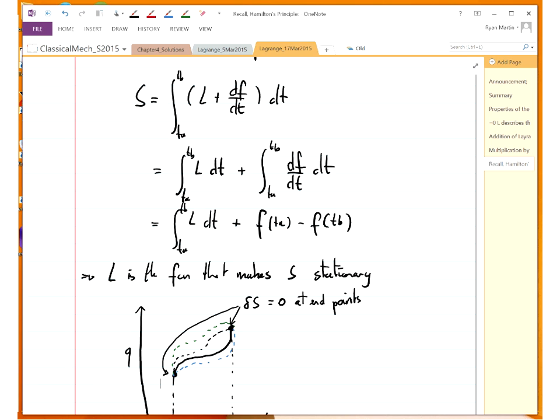So I'm adding a constant term. And so that physically makes sense that it doesn't matter, right? It's only the changes in potential energy that should matter. And then mathematically, you can see that changing the zero potential energy is exactly the same as adding a constant to the Lagrangian.